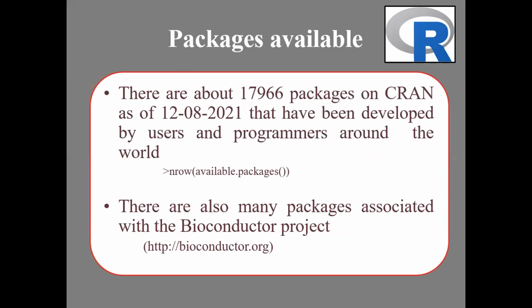R became public in 2000, and by 2015 there were only 4,000 packages. In the last 5 or 6 years, you can see how many fold increase there has been in the number of packages available for R. There are also packages associated with the Bioconductor project for bioinformatics and genomic analysis. It's a separate project, and there are so many packages for R to facilitate those.